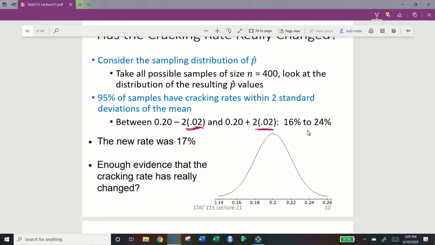So this implies that 95% of our samples should have a cracking rate between 16 and 24%. Our new rate was 17%. So is this enough evidence that the cracking rate has really changed?